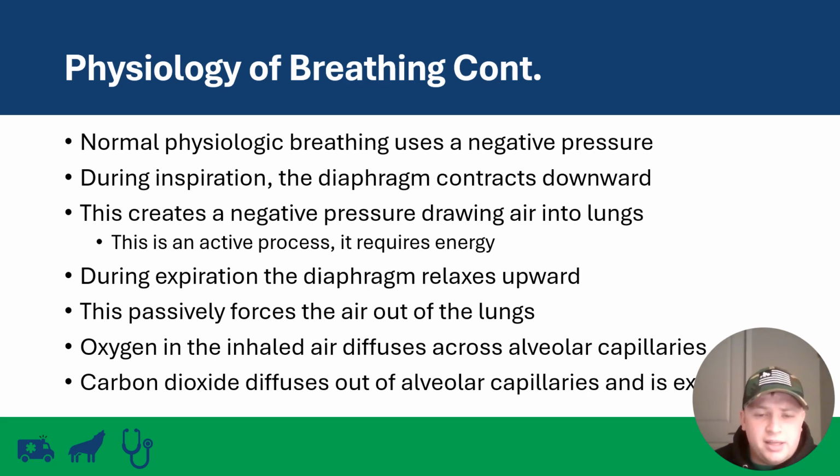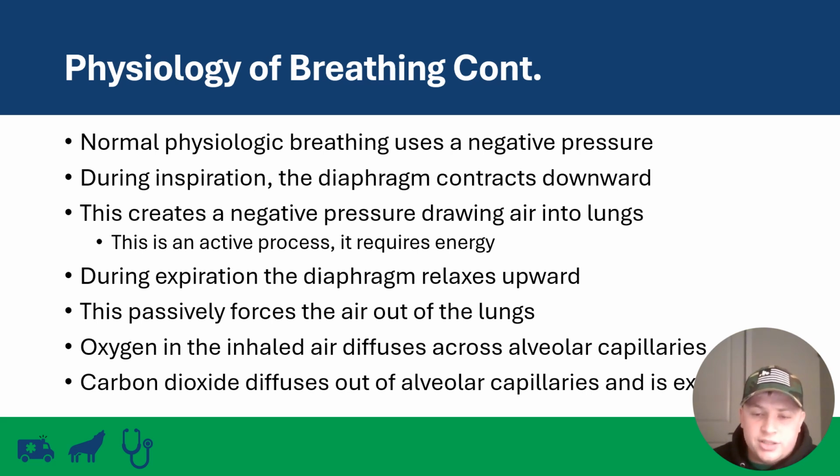That oxygen in the inhaled air diffuses across our alveolar capillaries, and that carbon dioxide that's coming from our blood diffuses out of the alveoli and is expired in that air, okay? And remember that gas exchange, the exchange of CO2 and oxygen, happens because of the law of diffusion, moving from an area of high concentration to an area of low concentration.